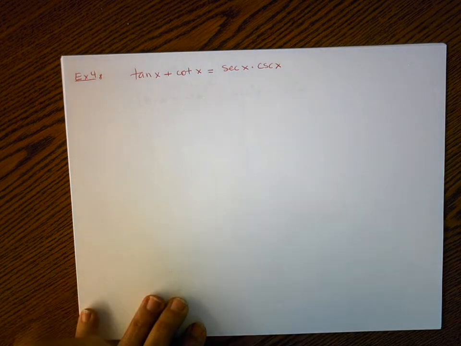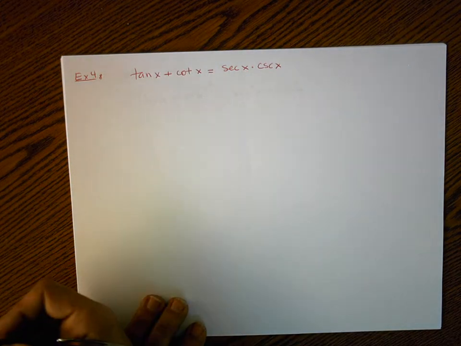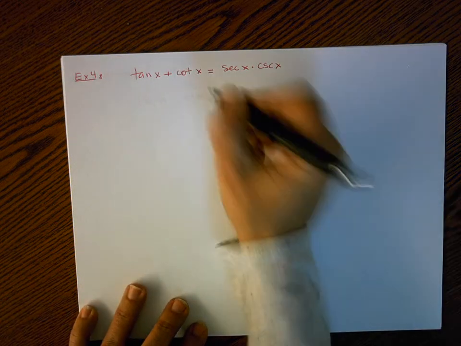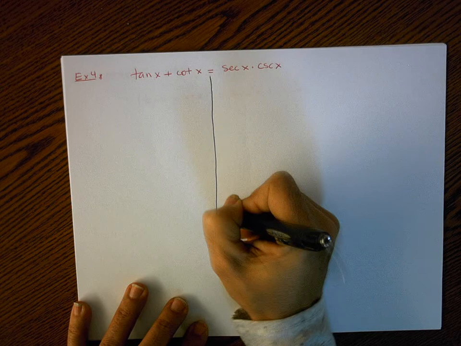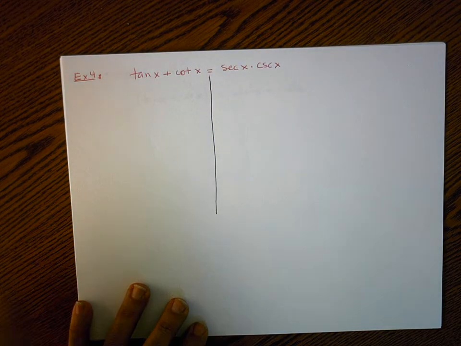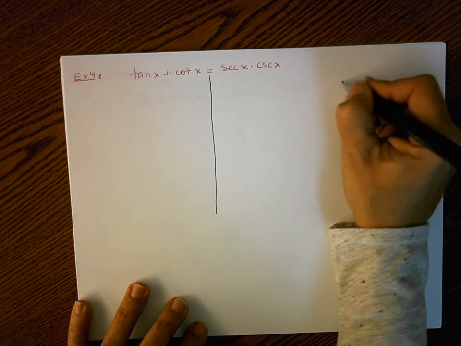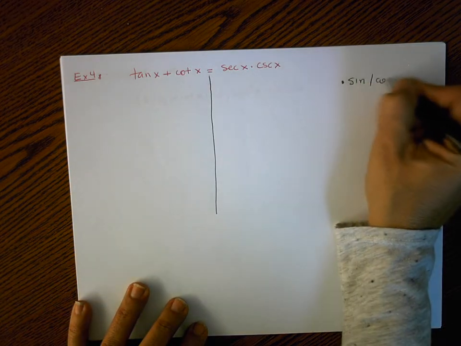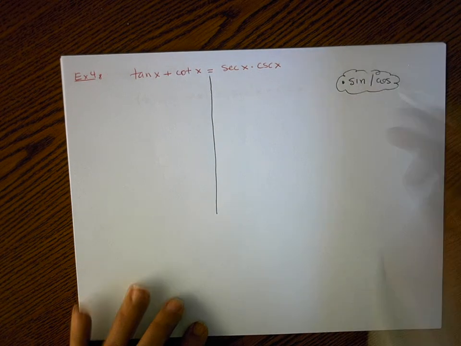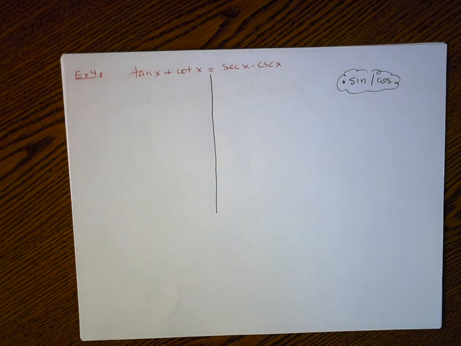I preferably will always pick tangent and cotangent over the other functions to work with. So I am going to pick my left-hand side for this case, okay? Hopefully using tangent and cotangent with sine and cosines is always the first thing I want to go to. I always run to sines and cosines. If I can turn things into sine and cosines, I will get somewhere, okay?